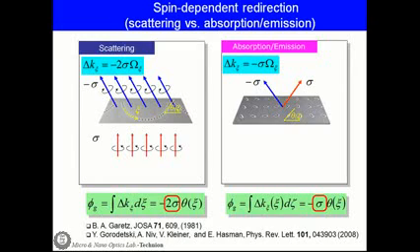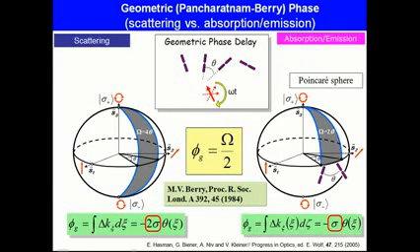Of course, there is some difference between the scattering effect and the absorption or emission effect. The difference is a factor of 2, as you can see here. We can understand it as a general geometric Pancharatnam-Berry phase acquired by traveling upon a Poincaré sphere. It can be traveling upon another Bloch sphere.